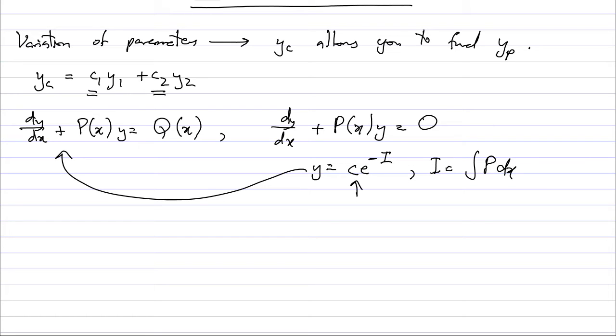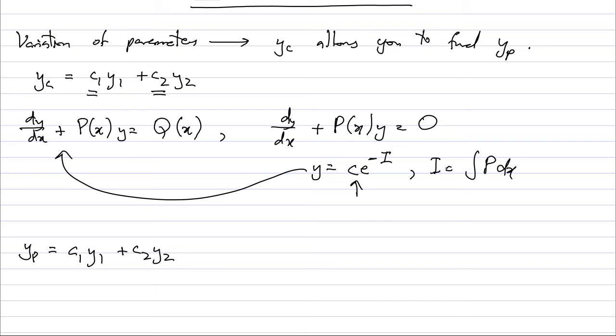But now we will generalize the method to a second order differential equation. So it works like this. Your particular integral is of the form c1y1 plus c2y2, but now keep in mind that c1, y1, c2 and y2, all four of them, are functions of x.